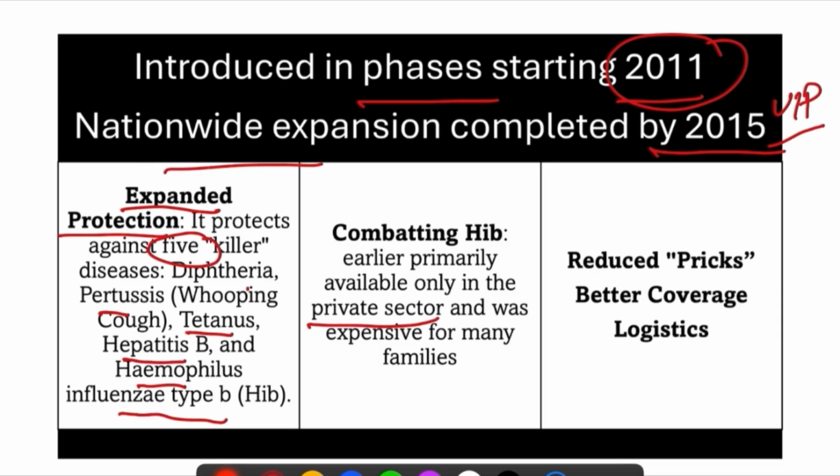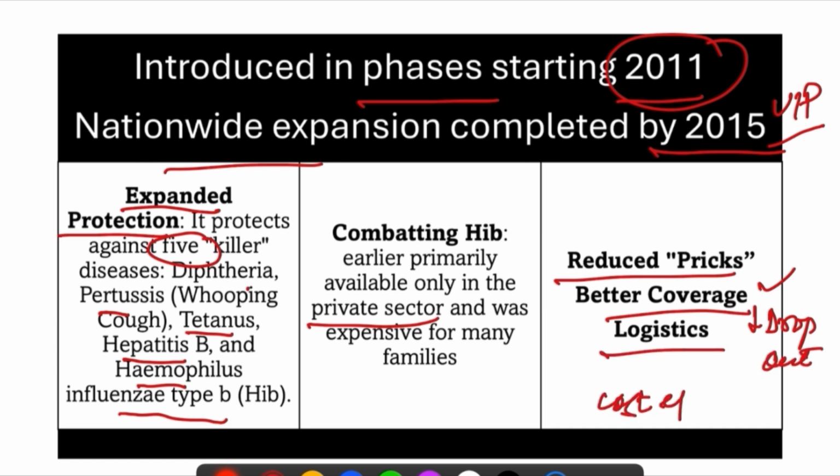It was not included under the UIP. Introduction of this vaccine has also reduced the number of pricks to the child. That leads to better coverage of the vaccine, decreased number of dropouts, and better logistics. So it is also cost effective for the health system.